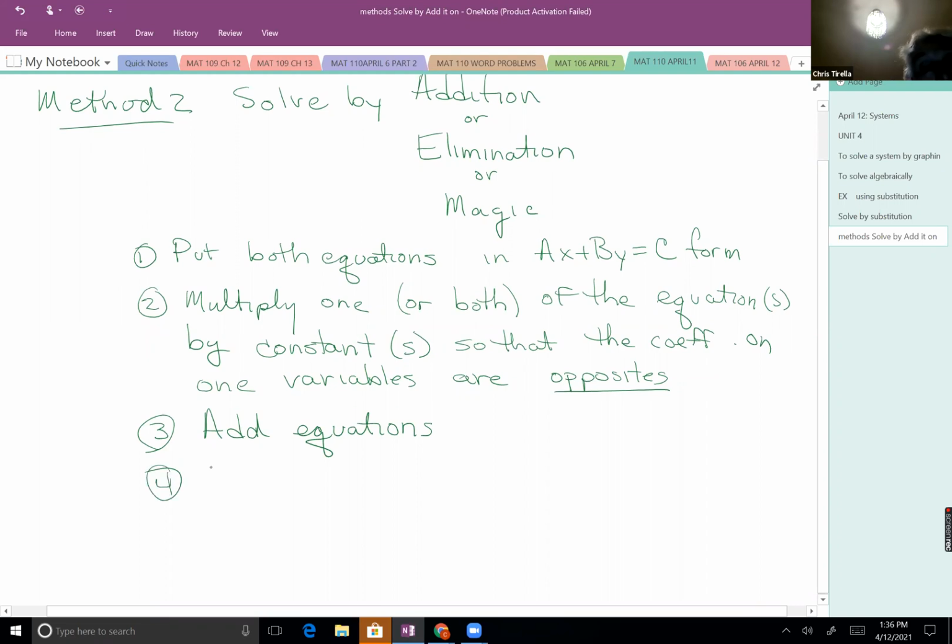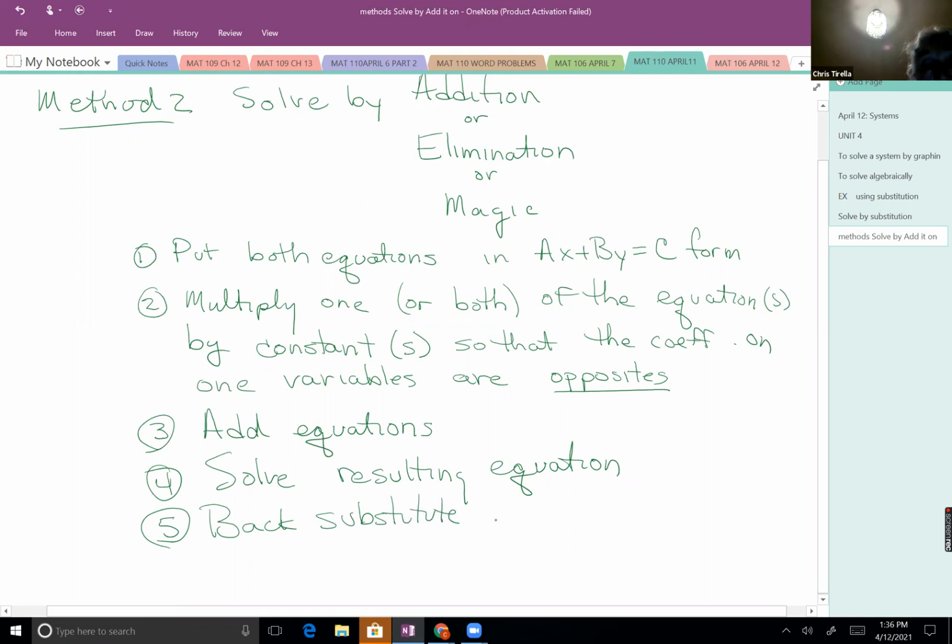And so we'll solve the resulting equation. But that'll only give us one of the variables. So we'll have to back substitute, pardon me, to find the other variable.